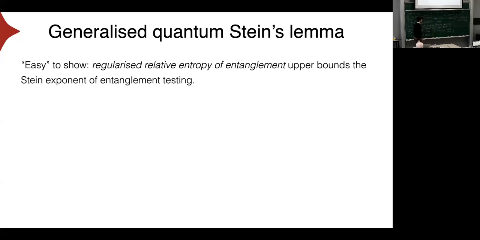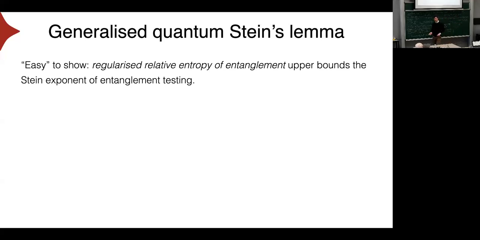Okay, but what about the regularized relative entropy? Well, it's not difficult if you do what is called a double blocking procedure. You take some sigma_k in the k-copy separable state set, and then you take as the ansatz for sigma_n, let's say that n is a multiple of k, sigma_k tensor n over k.